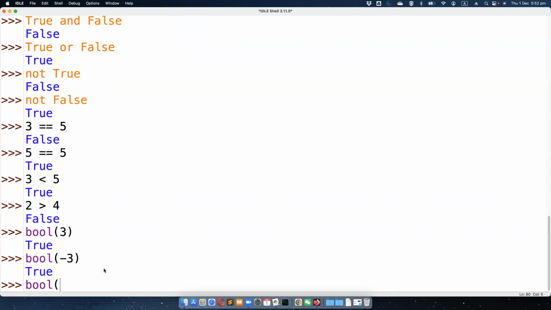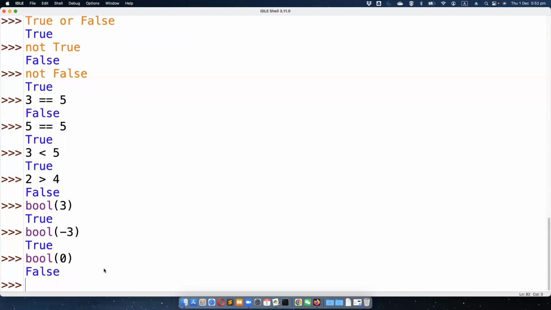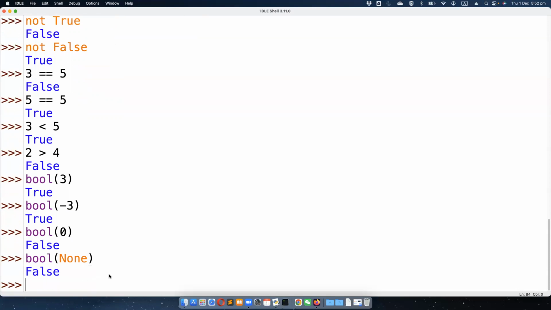The only values that make bool produce False are 0 or None. None is a value that means there is no value. And None is also one of the keywords in Python. Okay, so it produces False.